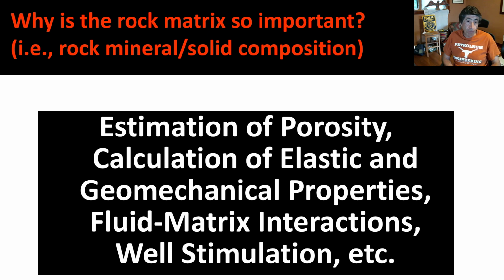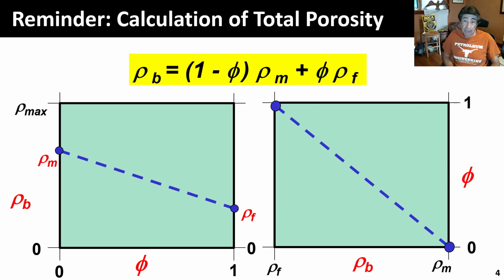So knowing the solid composition will give us a very important entry to those calculations and interpretations. There are also fluid matrix interactions that have to do with the mineral composition. Well stimulation, for instance, acidizing, is based a great deal on knowing the mineral composition of the rock. So there are several principles, several applications that do require that we know the solid composition very well.